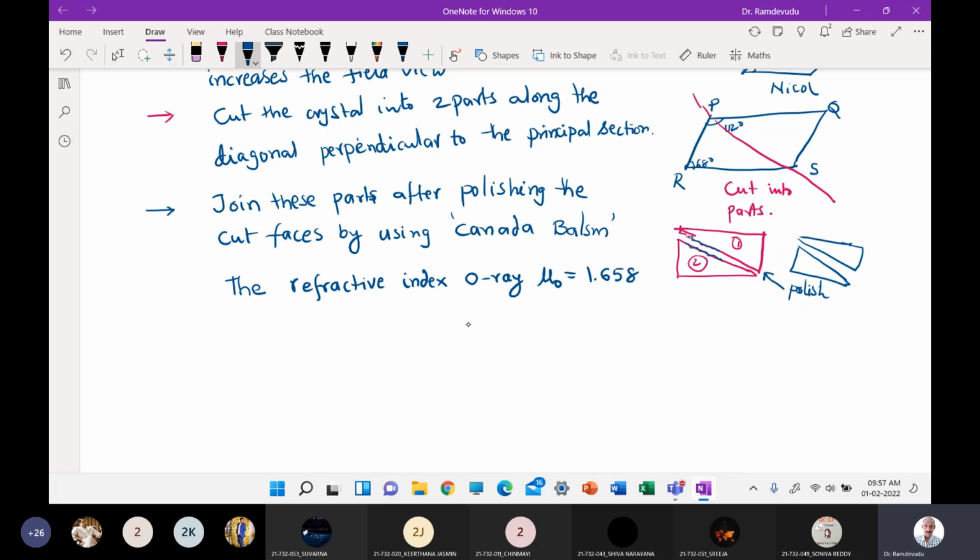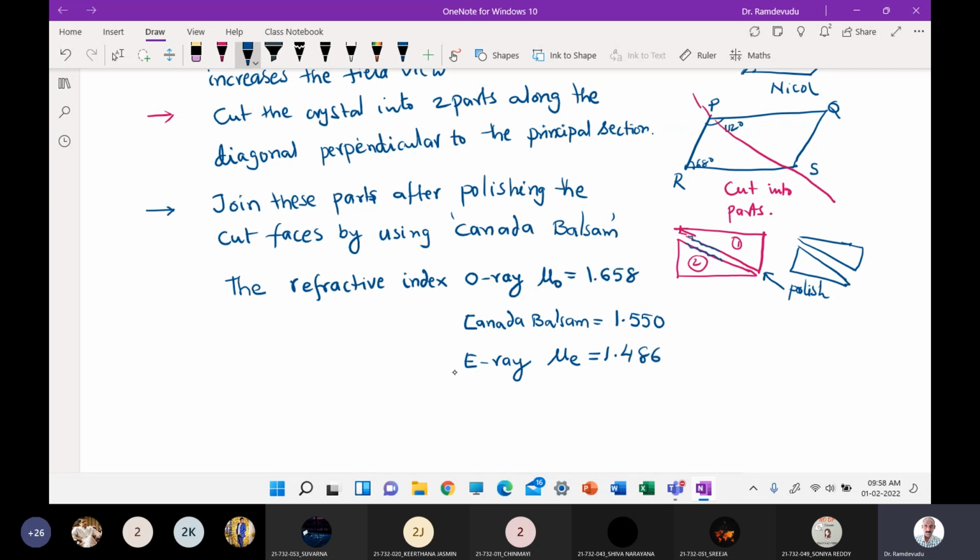The refractive index of the E ray in the calcite crystal, mu E, is less than Canada balsam, 1.486. These are the values.